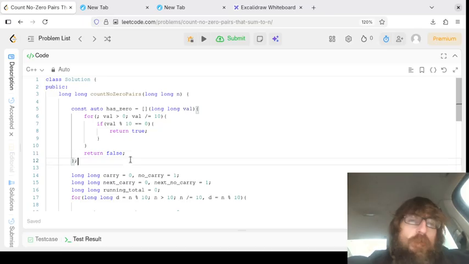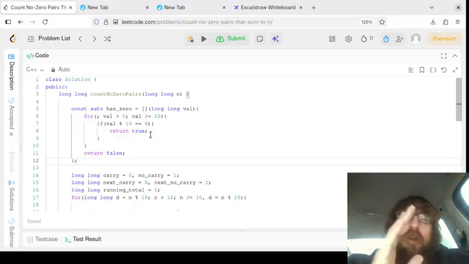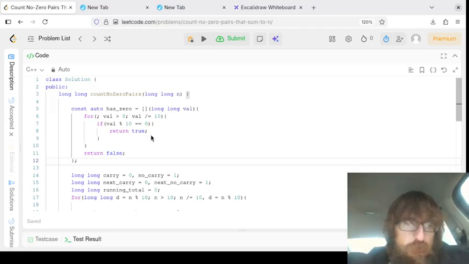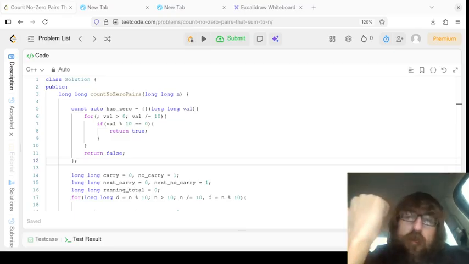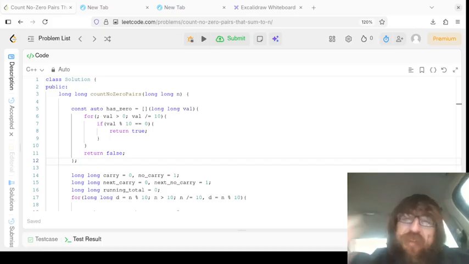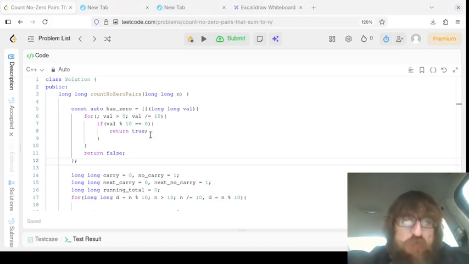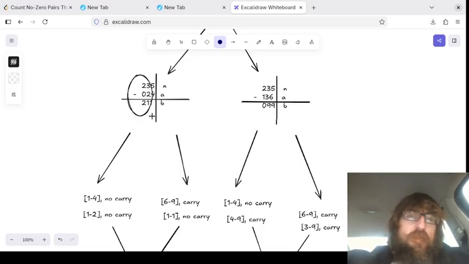I wrote a simple subroutine to check the prefix that remains when I'm operating digit by digit, the prefix to the left. This prefix here, depending on which digit I'm looking at.